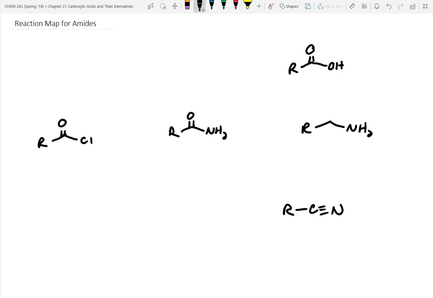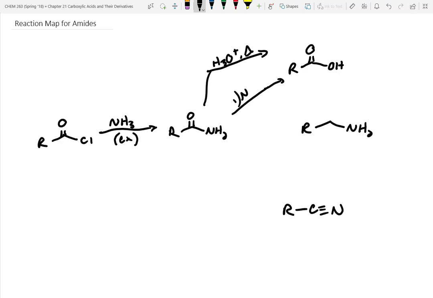And I'm going to put a nitrile down there, and I'll talk more about that in a second. So for the first one, you can convert to an amide using ammonia in excess. You can convert to a carboxylic acid two different ways. The first one was just acid and heat. Second one was sodium hydroxide, heat, and then an acid workup.